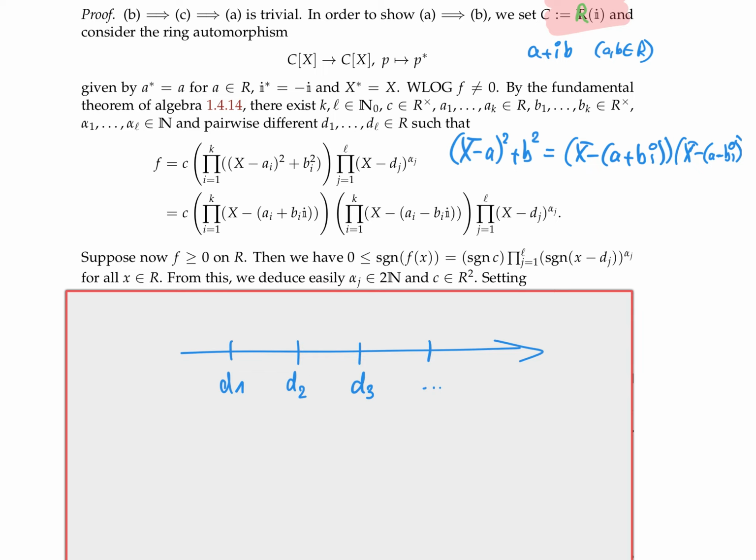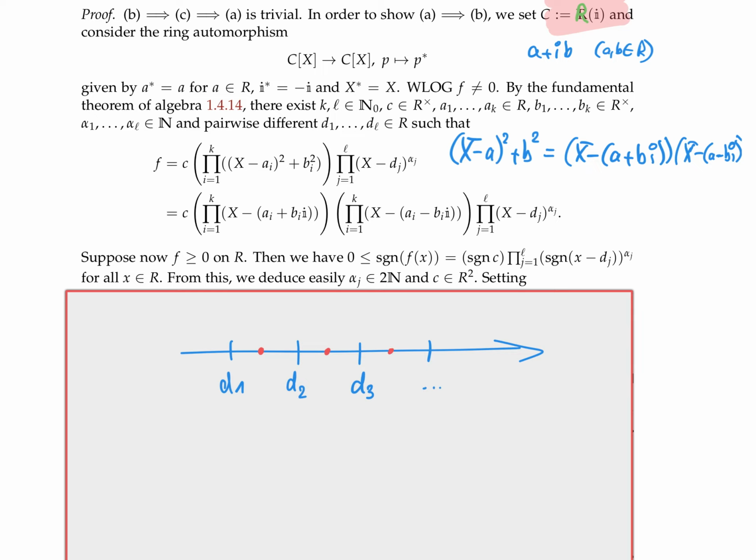Since this is true for every x, let us just use a few x's, for example, d1 plus d2 over two, or something else in between, and then in between d2 and d3, etc.